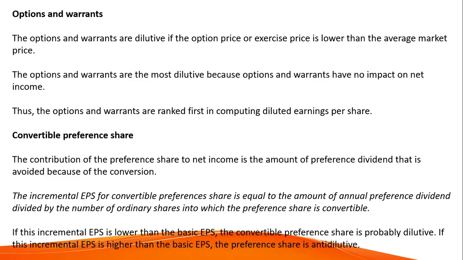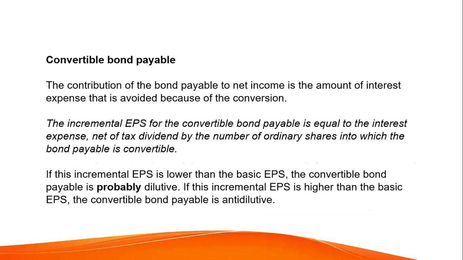Now, if this incremental EPS is lower than the basic earnings per share, the convertible preference share is probably dilutive. If this incremental EPS is higher than the basic EPS, the preference share is supposed to be anti-dilutive.